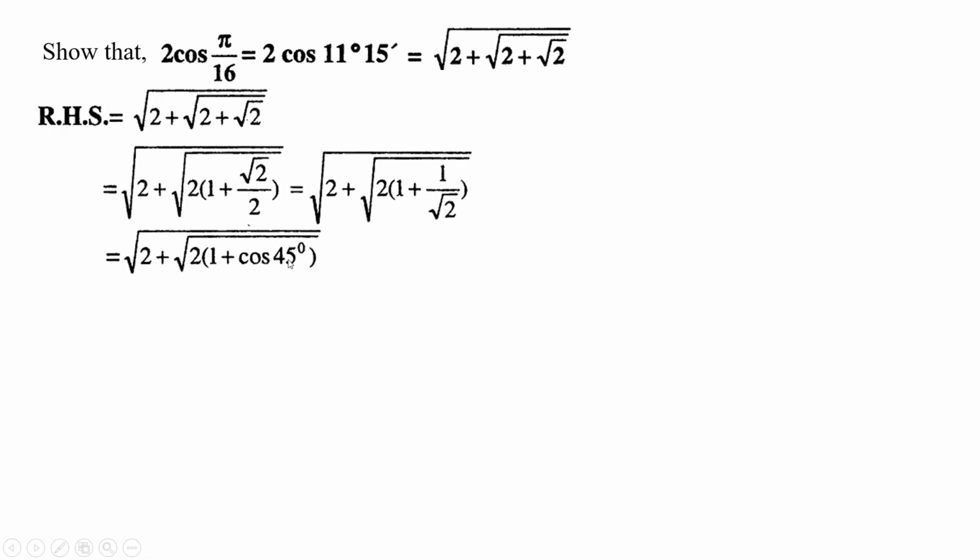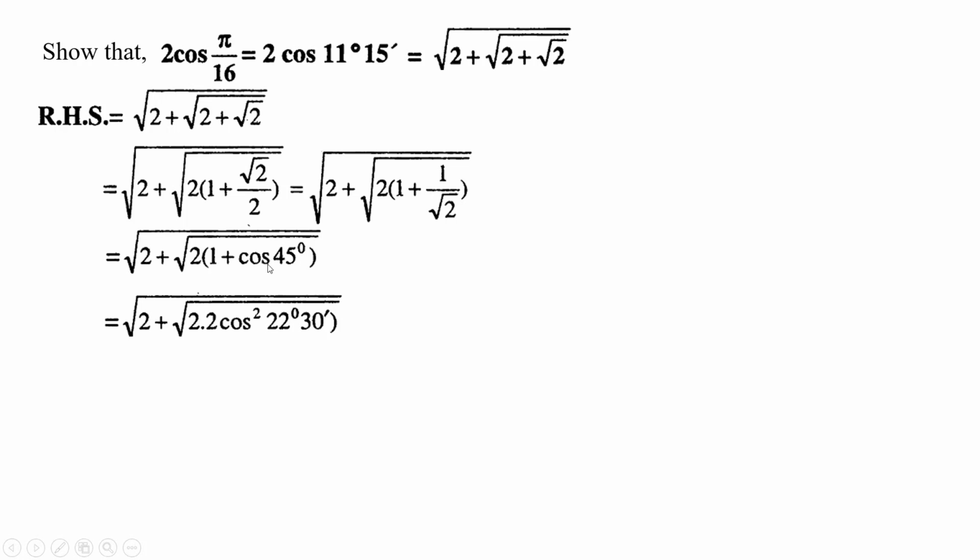Value of cos 45 degree equal to 1 by root 2. And you know the formula, 1 plus cos 2 theta equal to 2 cos square theta.